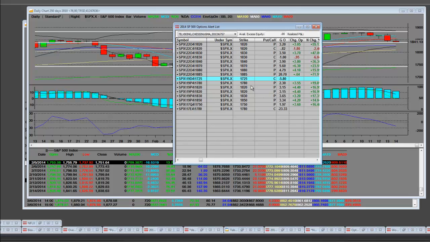We're going to have a lot of leading economic indicators that are going to be released as well. And the volatility is going to pick up substantially as we are in one of the best months for stocks.